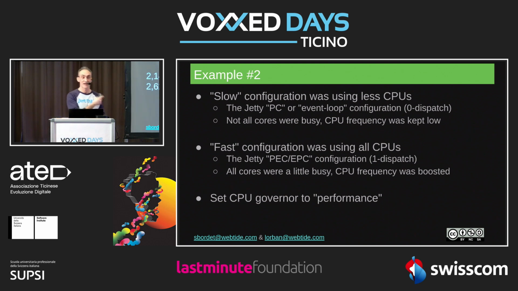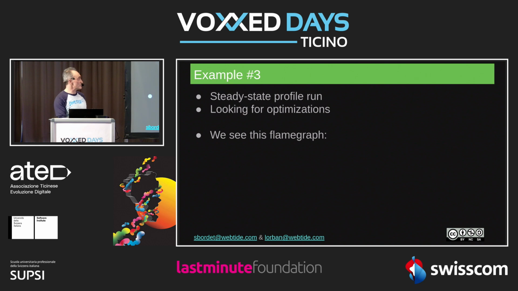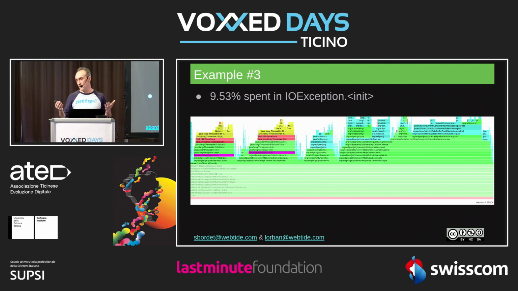The problem is that I forgot what I said to you in a previous slide, that you have to set your CPU governor to performance, because that is what locks the CPU frequency, which is variable, into a fixed value, whatever that is for the CPU you're using, and that will guarantee that the results you're getting will be consistent, okay? Long story short, we went back to tuning the CPU governor, and everything went back to normal. The 2 times were back to being the same.